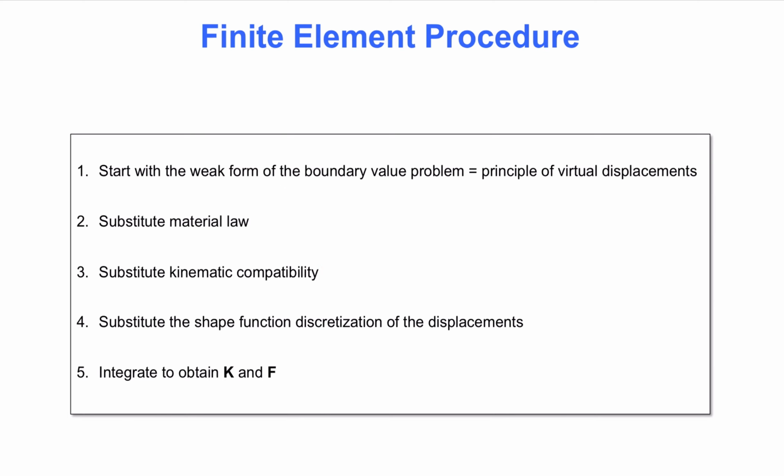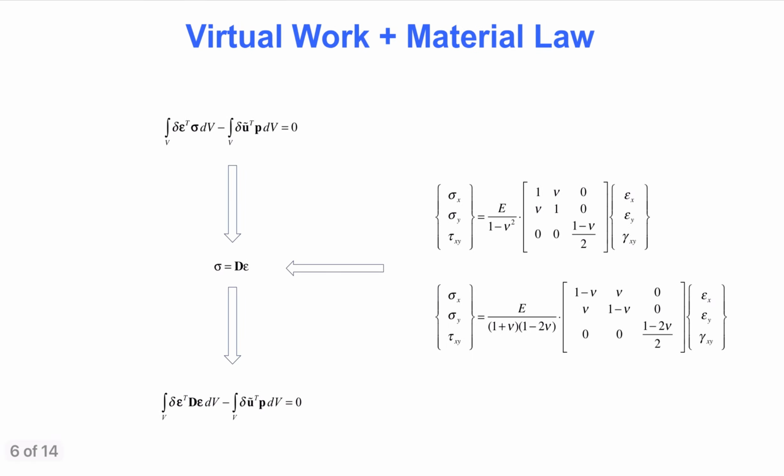Remember, the principle of virtual displacements does by itself represent an average satisfaction of equilibrium. Then, we introduce the discretization of the displacement anywhere in the element by means of shape functions and degrees of freedom. Finally, by carrying out the integrals that stem from the principle of virtual work, we obtain the stiffness matrix and the load vector.